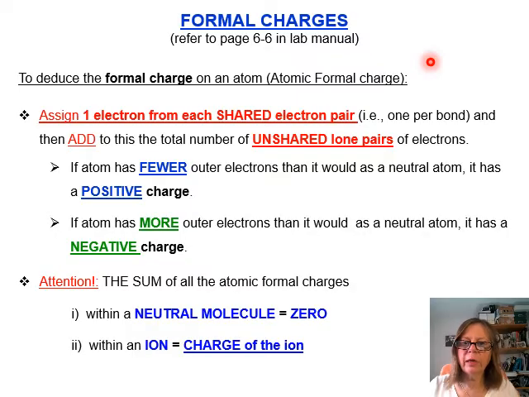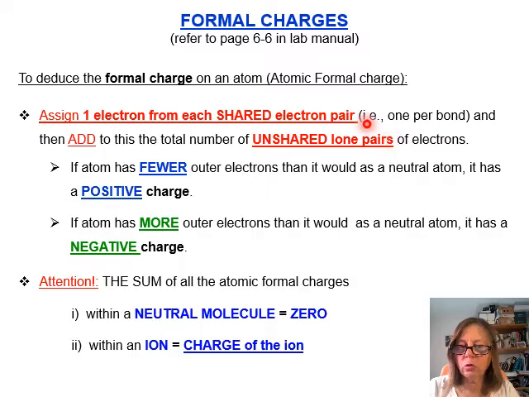So let's summarize what we just practiced in deducing formal charges of the nitrogens and oxygen in N2O. To deduce the formal charge of an atom in a molecule, we assign 1 electron for each shared electron pair, which means 1 electron for each covalent bond. And then we add this number to the total number of unshared electrons in lone pairs.